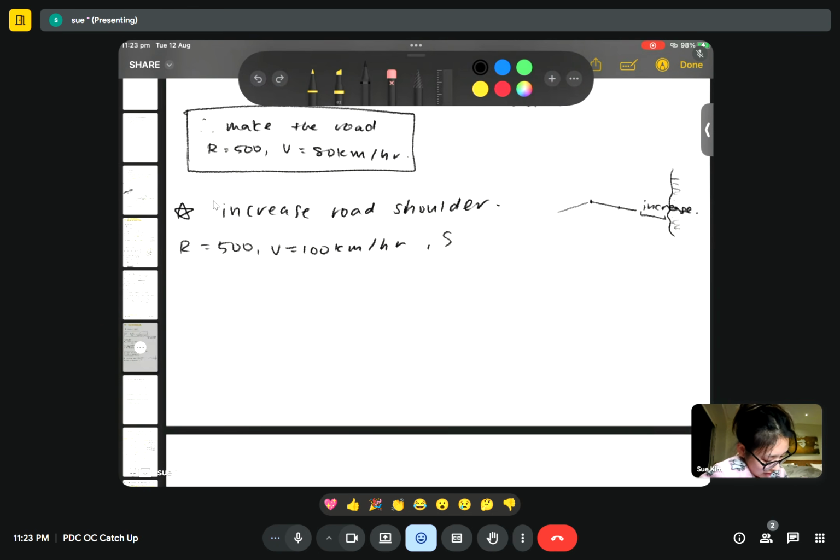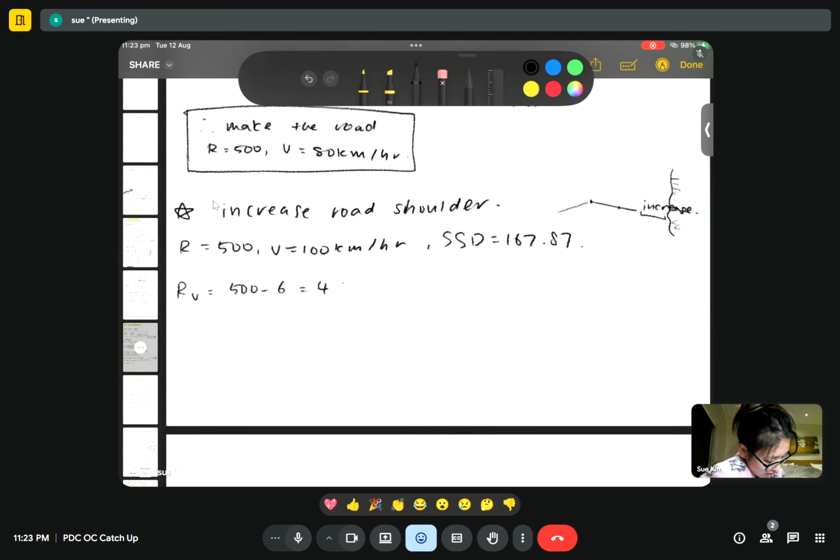My SSD should be like that. And then what I'm going to do basically is sub this in, so speed equals 494, and I don't know what M is yet, right?